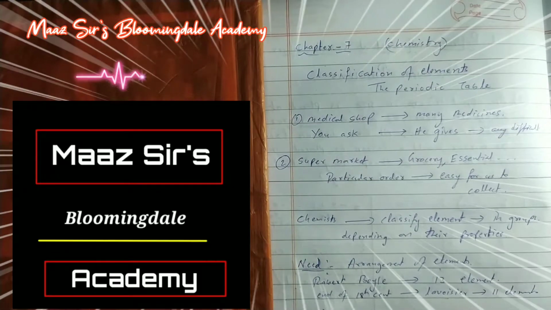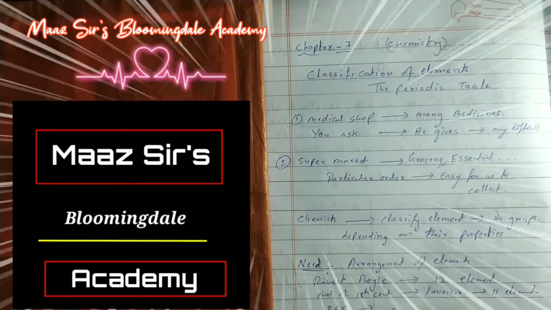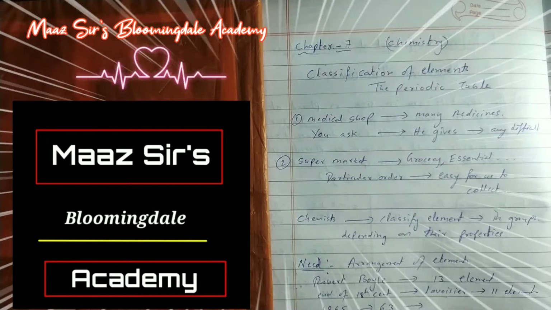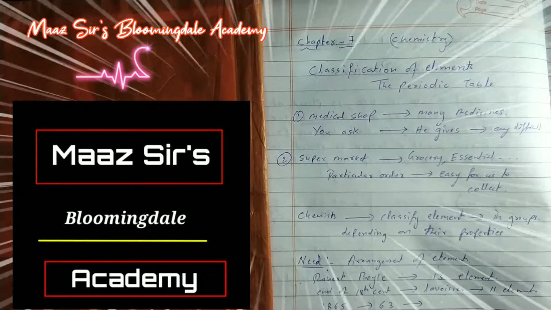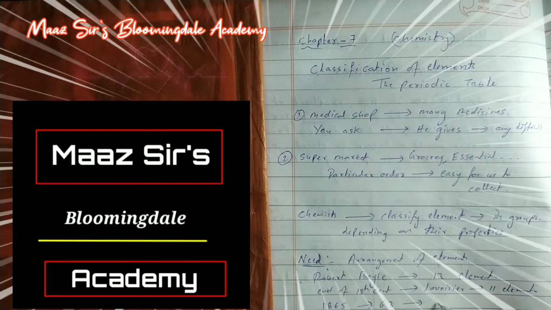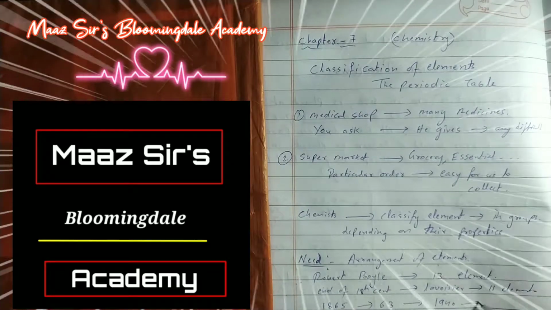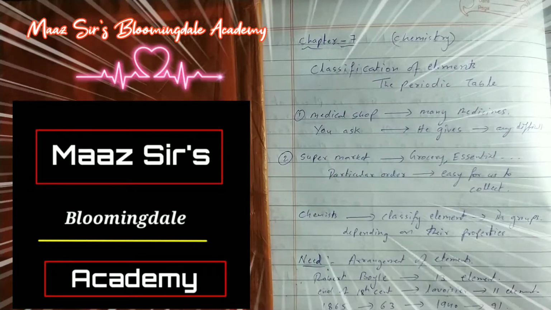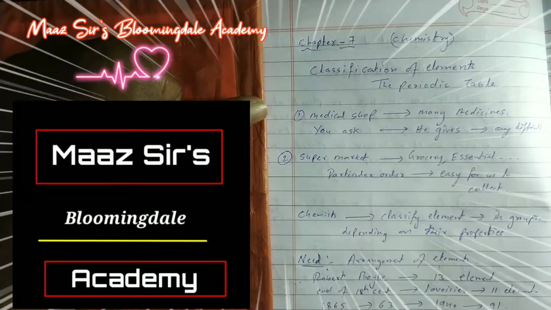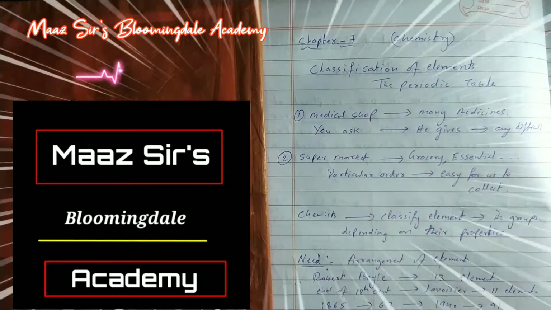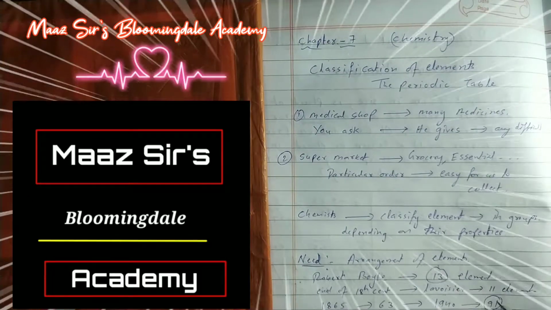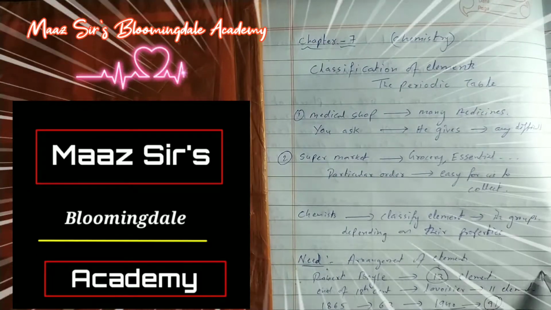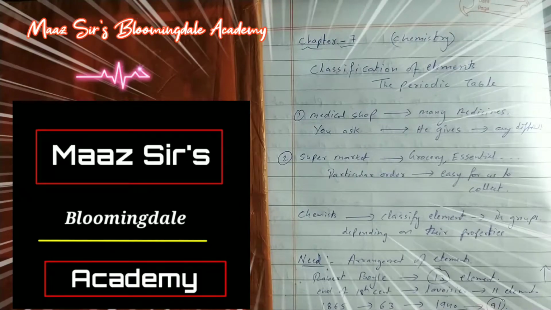By 1865, 63 elements were discovered. And in 1940, 91 elements were discovered. So can you see here, first we had 13 elements. By the time of 1940, the number of elements is gradually increasing.